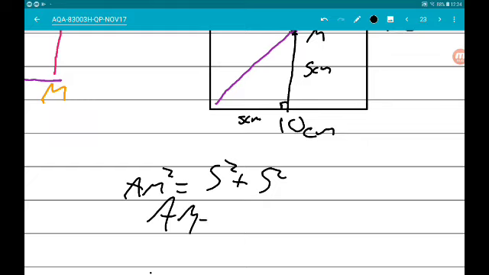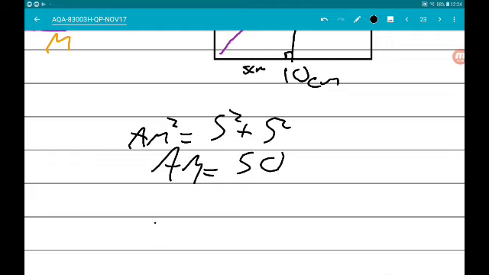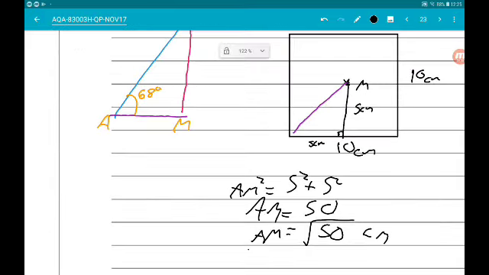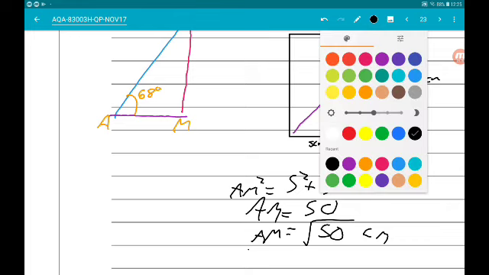AM squared is 50, so AM is root 50 centimetres. So we could turn that into a decimal, but we don't need to.